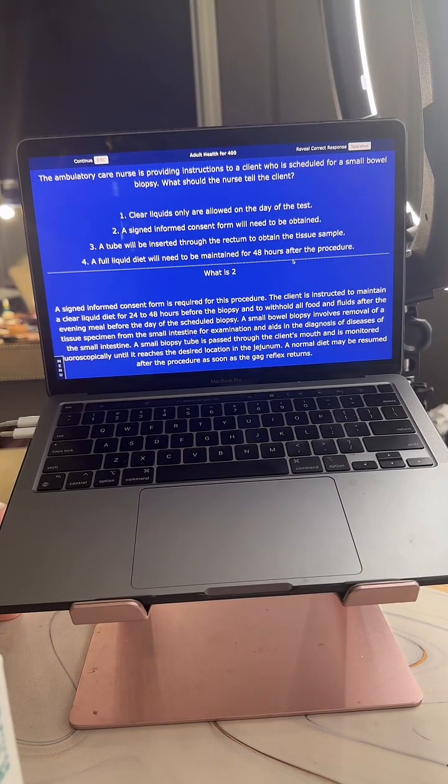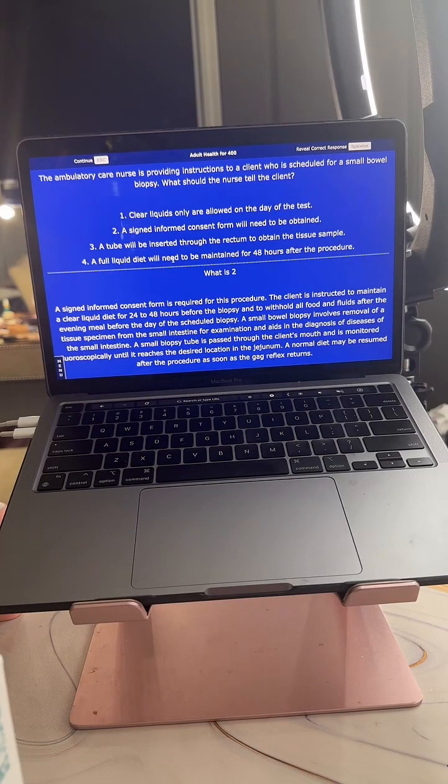All right, let's go ahead and read through the rationale. If you did not choose what is 2, this is a great time for you to note the rationale so that next time if you see something related to informed consents or procedures, this is giving you the reasoning behind why the answer is what it is. A signed informed consent form is required for this procedure. The client is instructed to maintain a clear liquid diet for 24 to 48 hours before the biopsy and to withhold all food and fluids after the evening meal before the day of the scheduled biopsy.